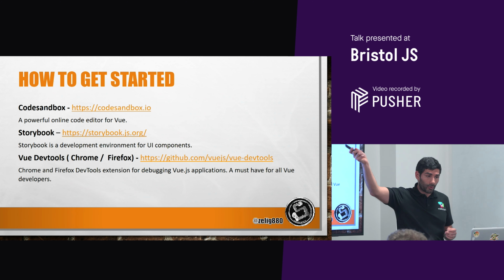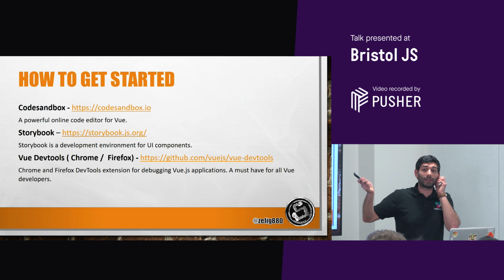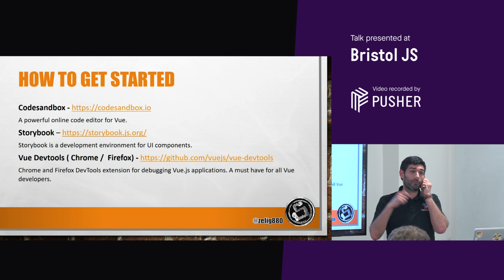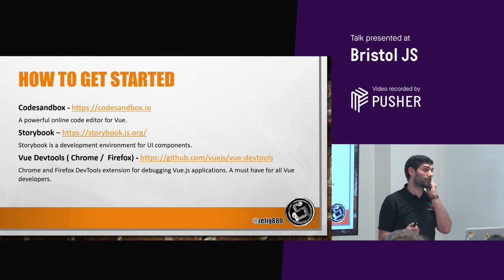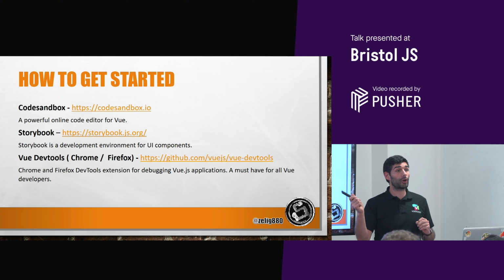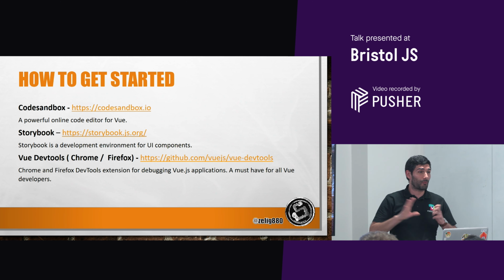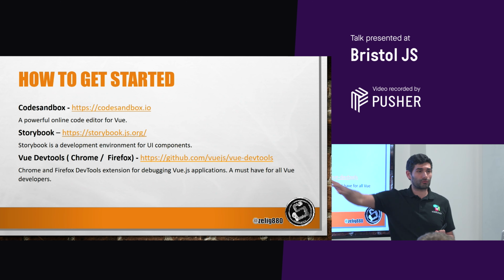As I mentioned before, CodeSandbox. And then Storybook. Storybook is actually a React app, and then someone created an adapter of Vue on top of it. So if you do either React or Vue, I really suggest you go Storybook. Have you ever heard of it? Have you actually used it in production? If you want to do something seriously, this really did it for us.